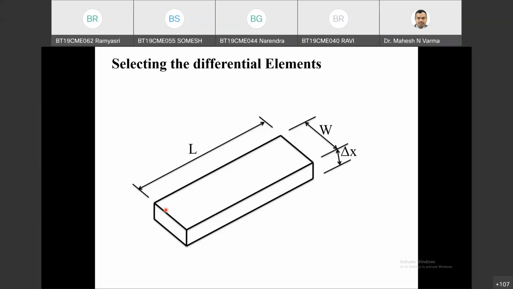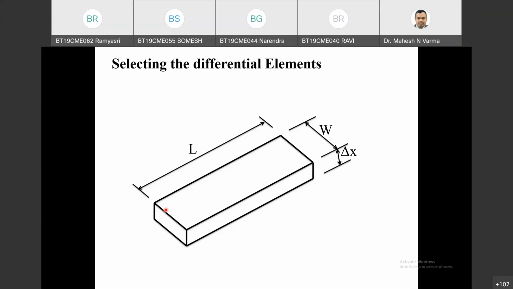So why is this delta x selected only in x direction? Because there is variation in x. Why have we not selected delta y and delta z? Because there is no variation in y and z direction. Very good. So selecting this differential element is also important.